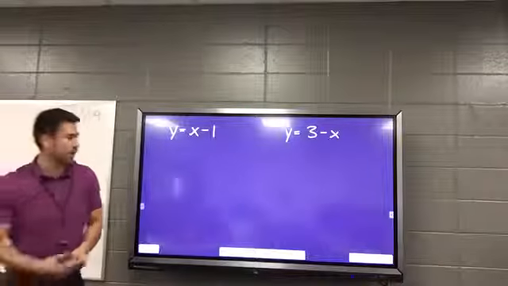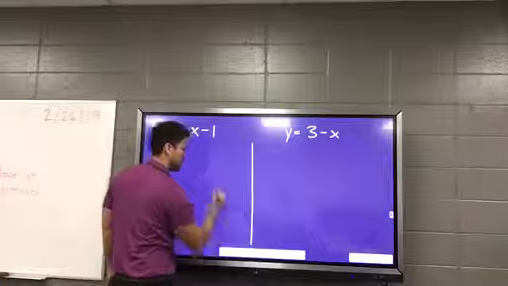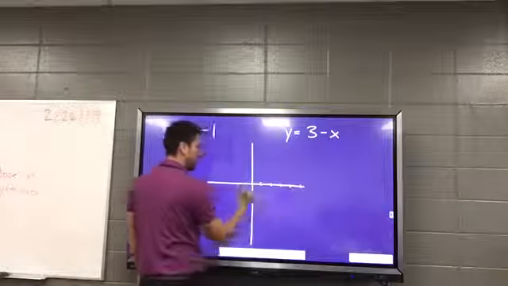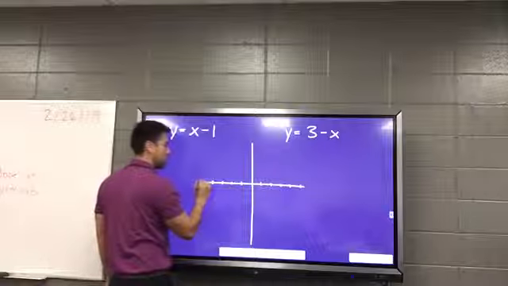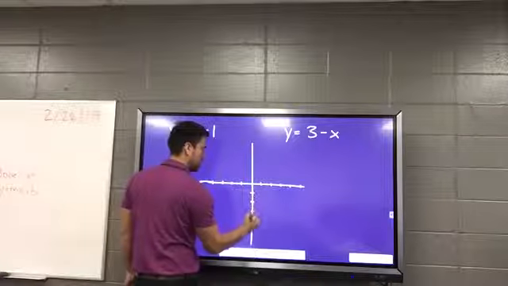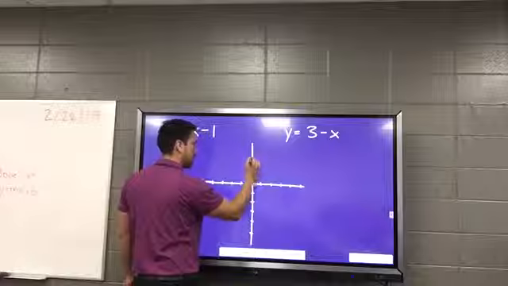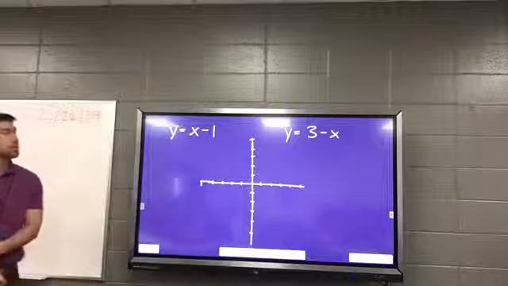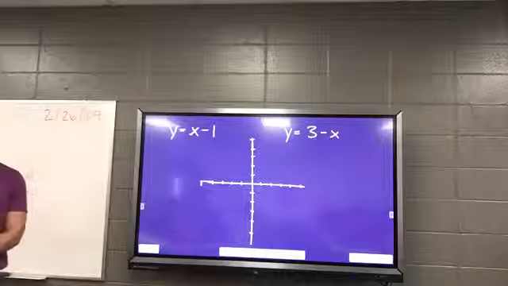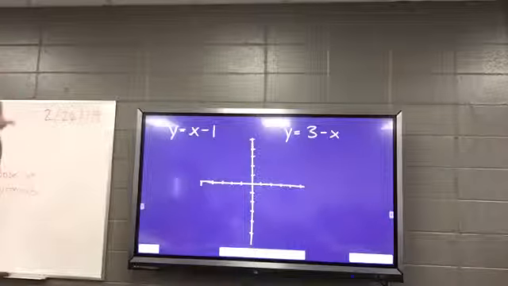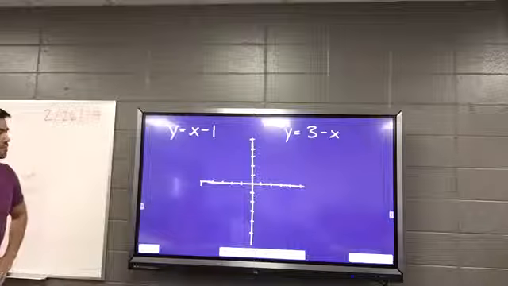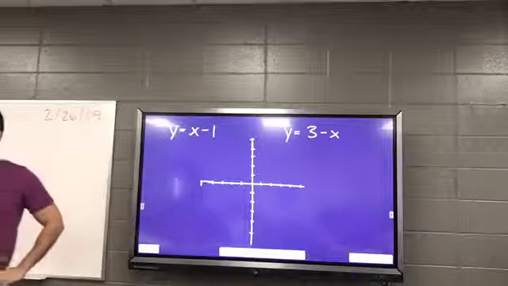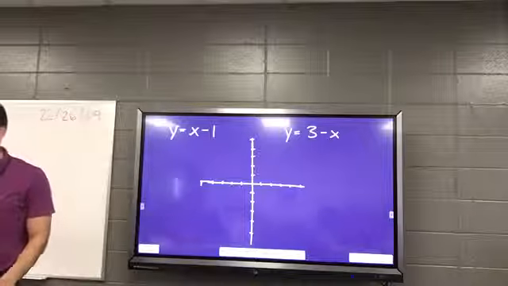I'll do it here on my board, and then we'll do the same thing together. Is this in one of the boxes? Just in one, the top left box. Draw your coordinate plane.